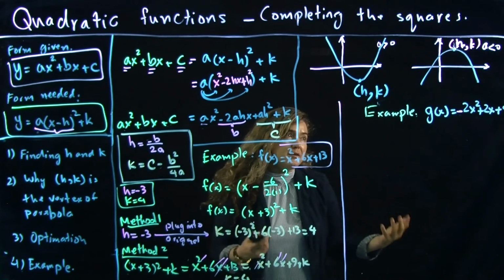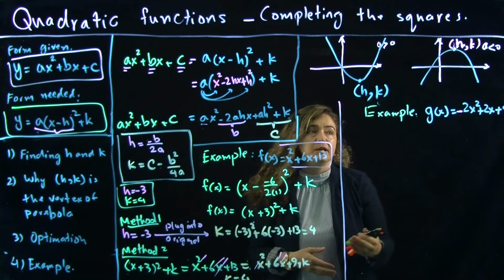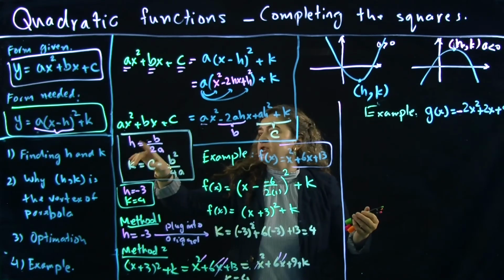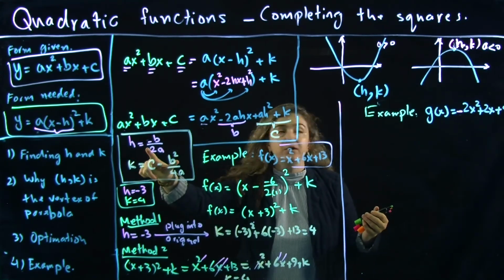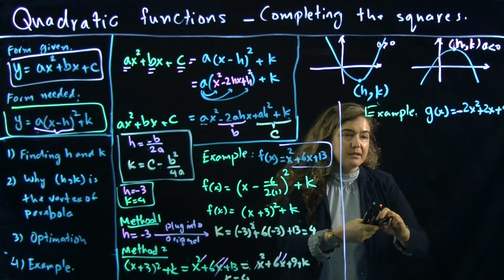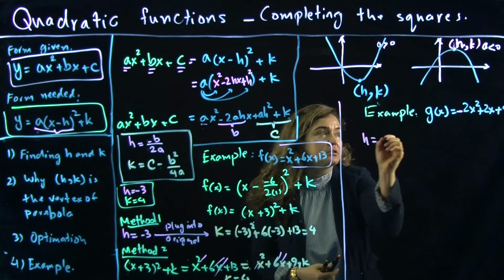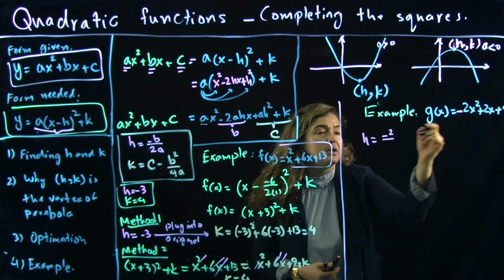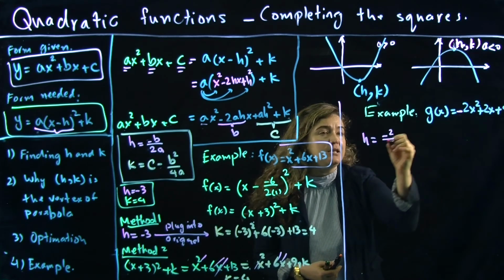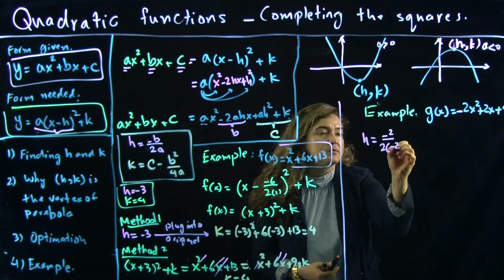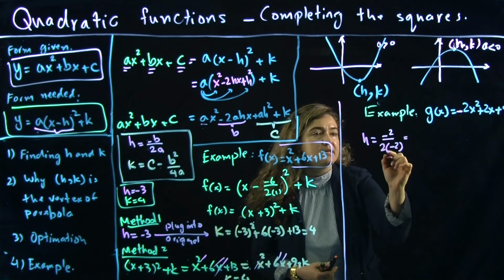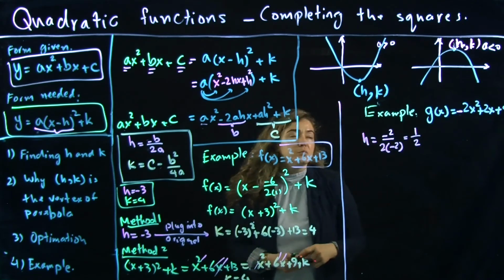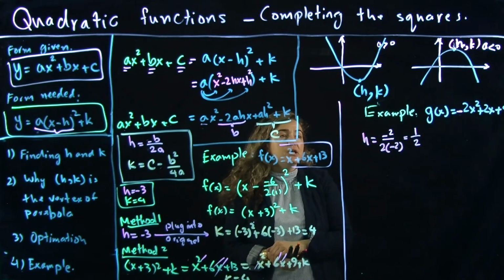So again, the first thing that you want to do is to use the formula for h. And h is supposed to be negative b over 2a. So find h. Negative b, which is negative 2, divided by 2a, 2 times negative 2. This gives me 1 over 2. So 1/2 is the h.